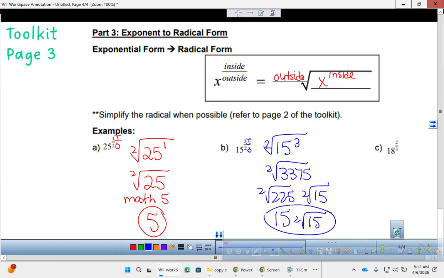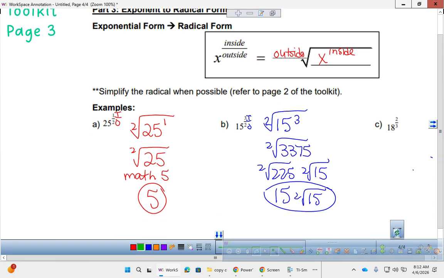All right, for C, we've got 18 to the power of 2/3. The fact that there's a fraction there means that I can write it as a root. My outside number is my denominator, so I'm working with a third root here. What would go on the inside? 18 to the power of 2.